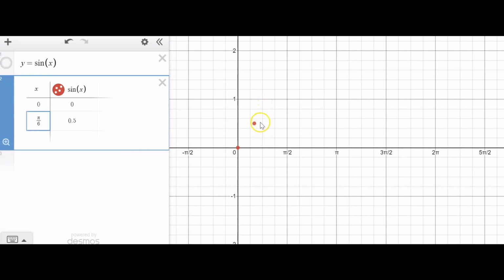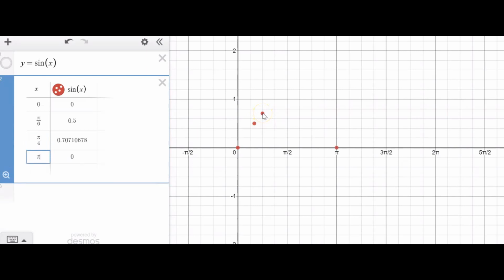And we know that the height is going to be square root of 2 over 2, which is actually 0.7071. So what we have here is 0.2, 0.4, 0.6, and 0.7 right about here. Okay, so right about here is going to be the next point. So let's go ahead and put in pi over 4, and you can see right there at pi over 4, it gave us a point at about 0.7.